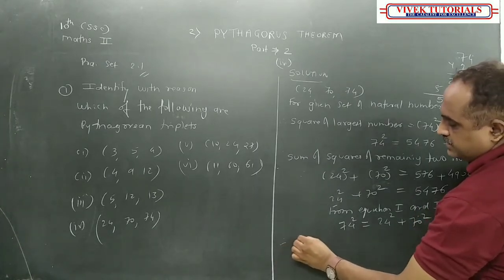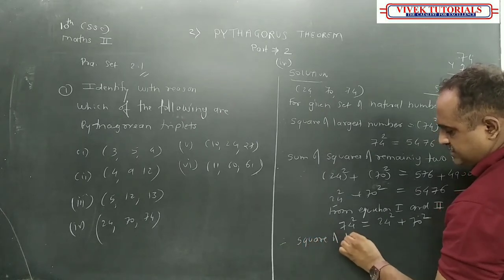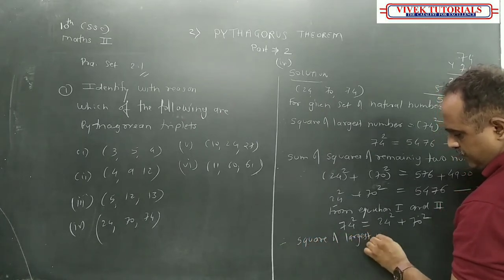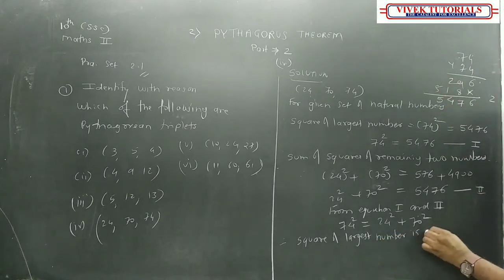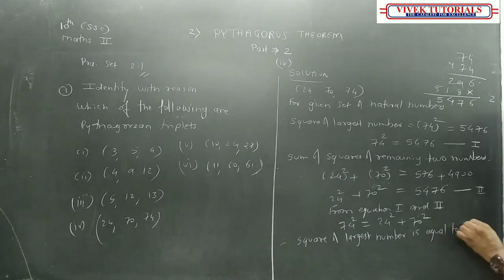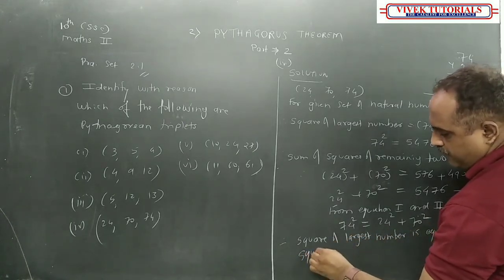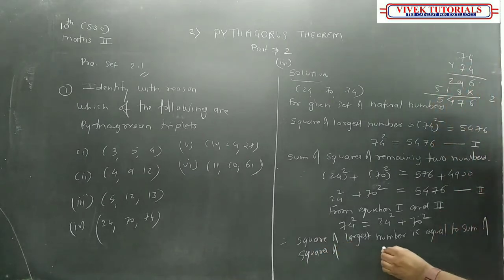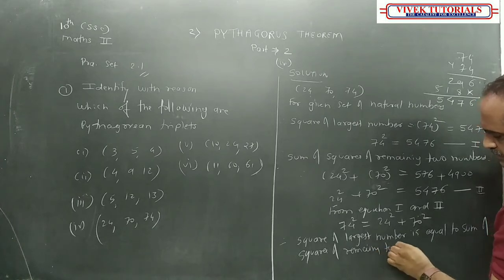Therefore, square of the largest number is equal to the sum of squares of the remaining two numbers.